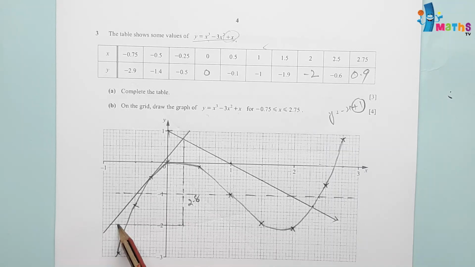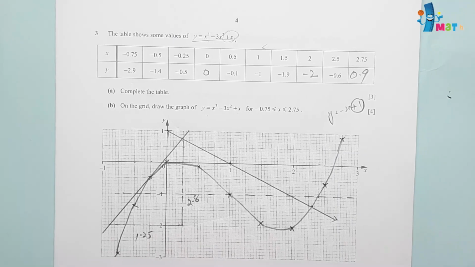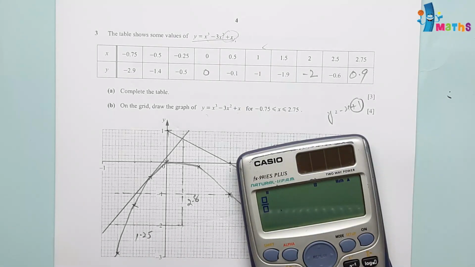So this is 1 unit, 1.25. So this side will be 1.25. So we can divide 2.8 divided by 1.25, which will be equal to 2.24.